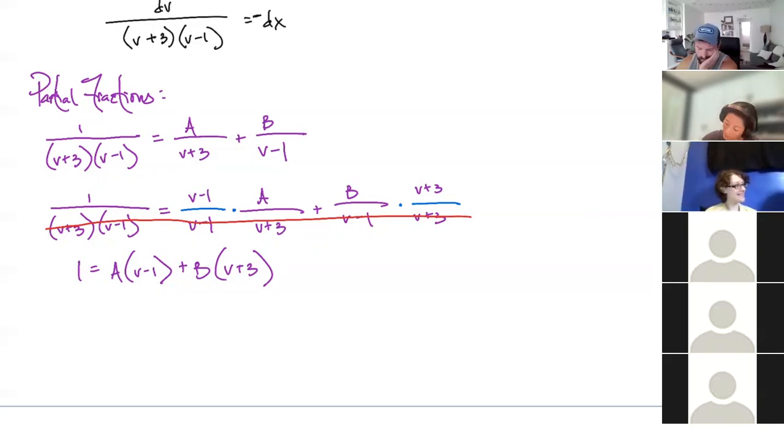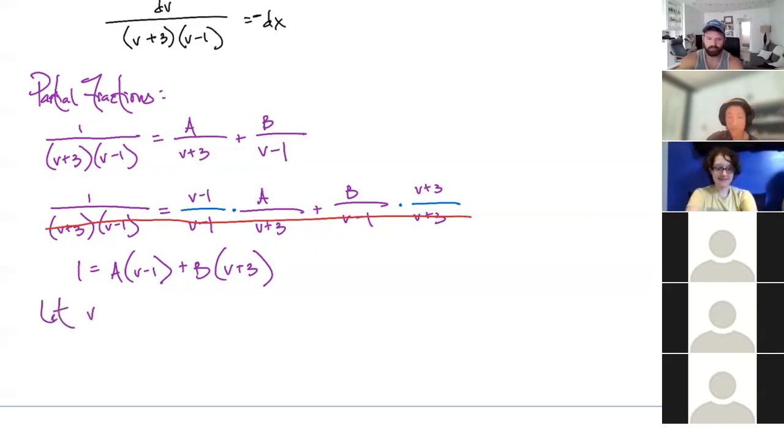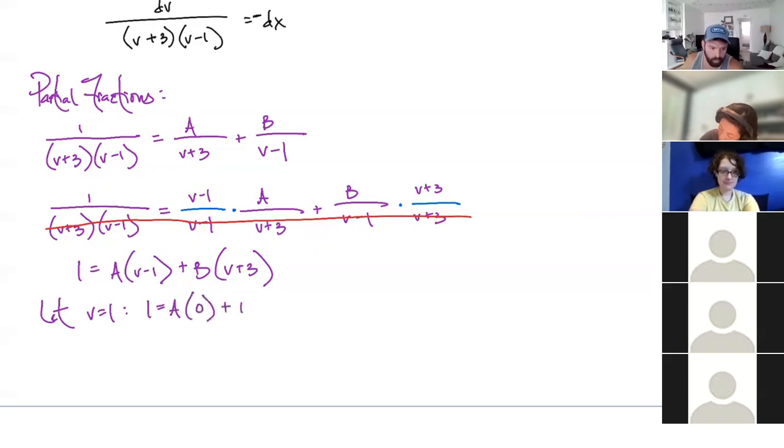So for example, I could let v equal 1. That would mean everywhere I see a v, I'm going to plug in 1. And I would get 1 equals a times 0 plus b times 4. A times 0 goes to 0, so we can see that b is going to be 1/4, right?